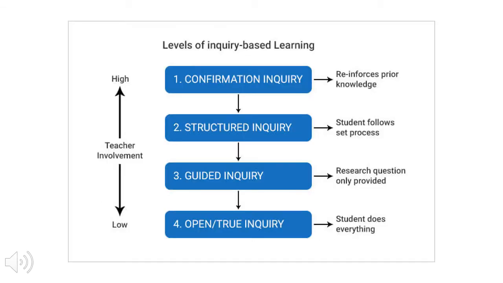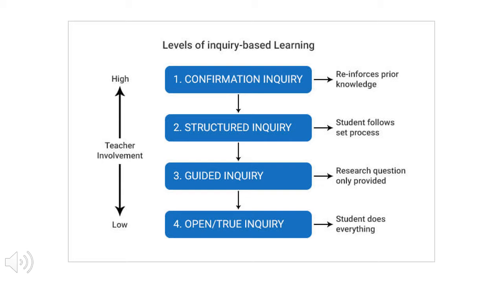There are 4 levels of inquiry-based learning. The first one is confirmation inquiry. Second is structured inquiry. Third is guided inquiry. And the fourth one is open or true inquiry. So you can see that the confirmation inquiry involves high teacher involvement compared to the open inquiry.